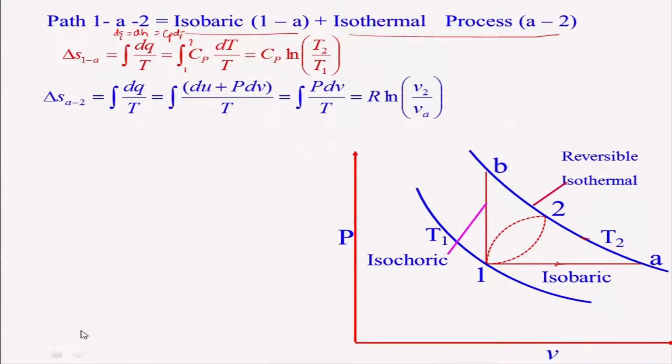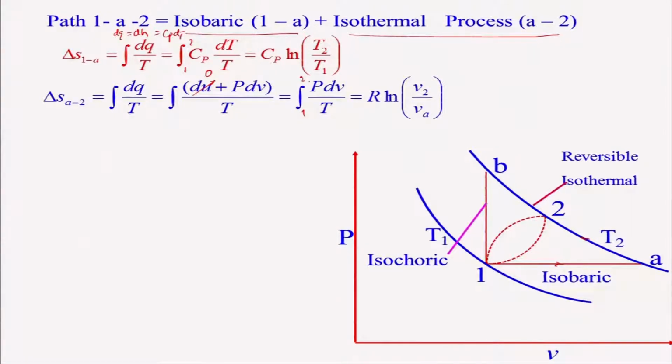Similarly, we can find the entropy change for the path A to 2. That is dq divided by T, and for the isothermal process dq is du plus P dV, and for isothermal the temperature is not changing, so du will be 0. That is nothing but P dV by T, and we can integrate between state A and 2.